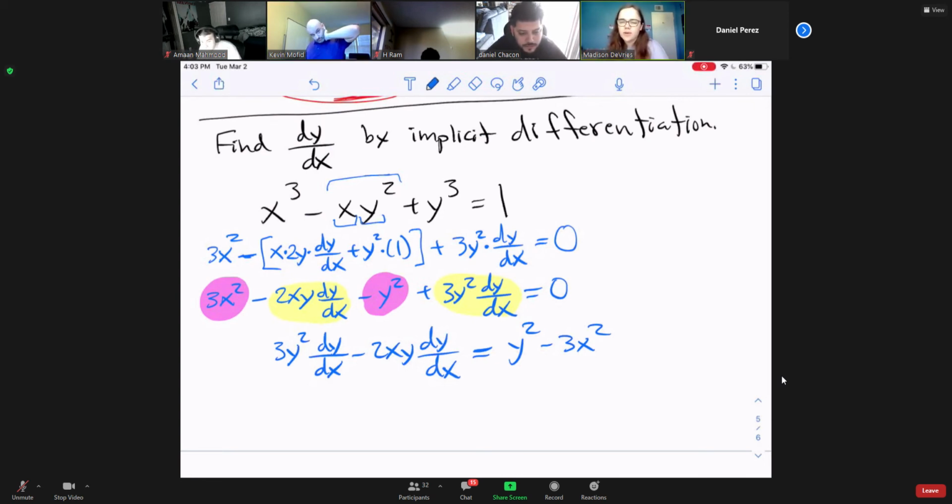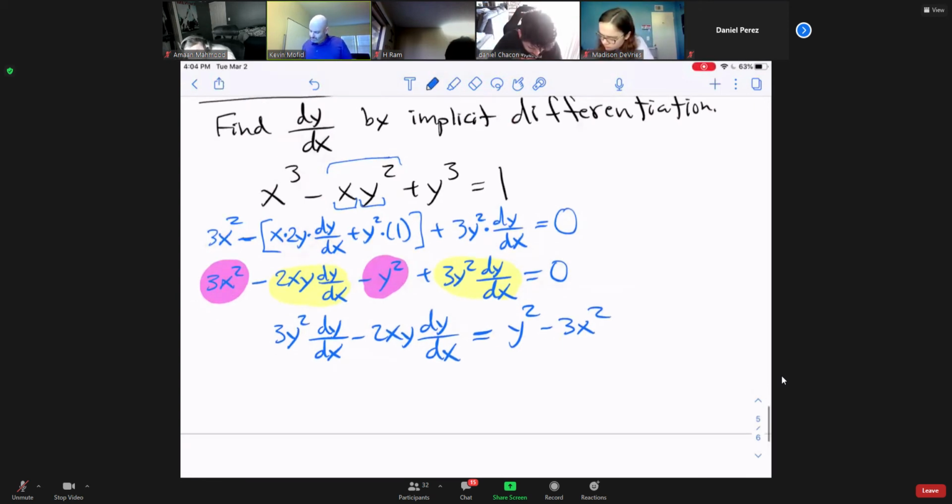Factor out dy over dx. Yes. And sometimes you can factor out more than a dy over dx, but don't just factor out a dy over dx because that's what we want to solve for. That's why I had only dy over dx terms on the left.